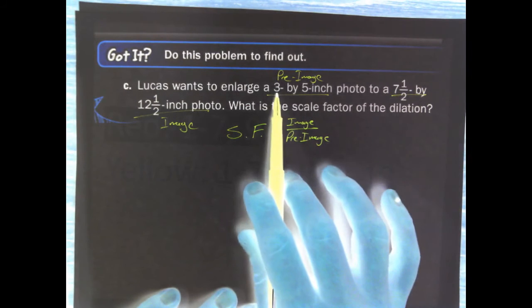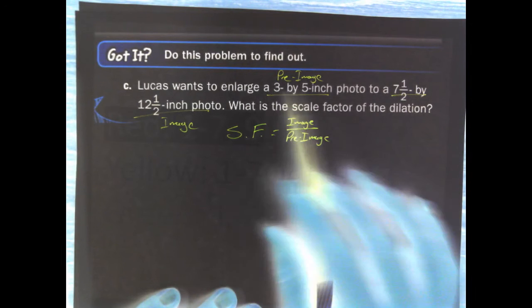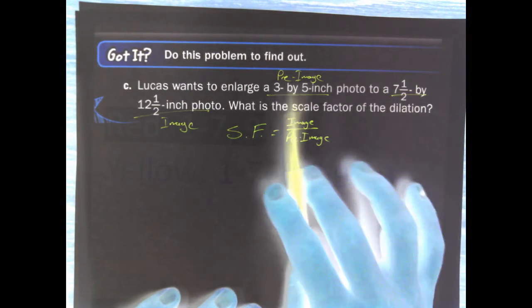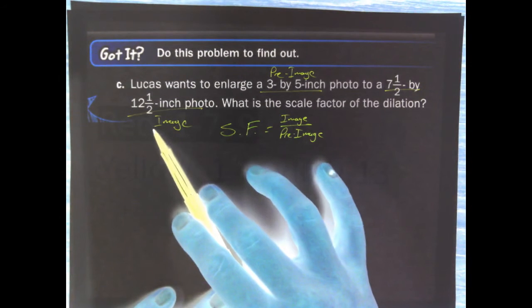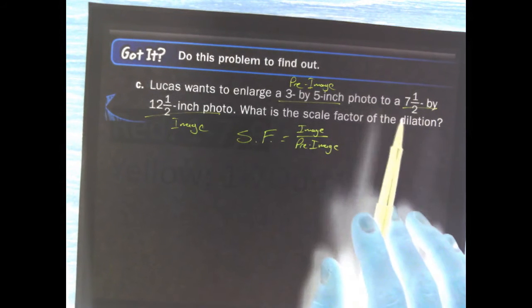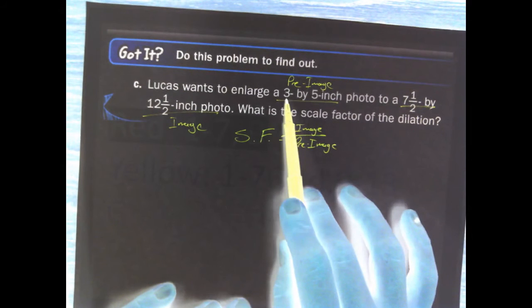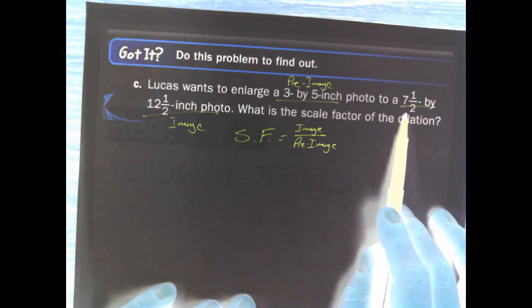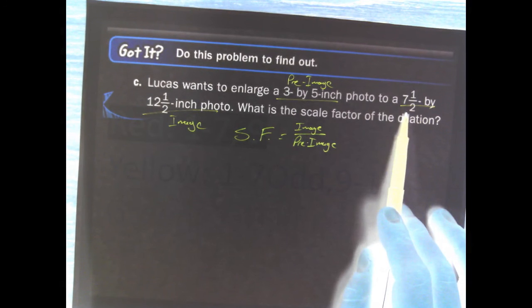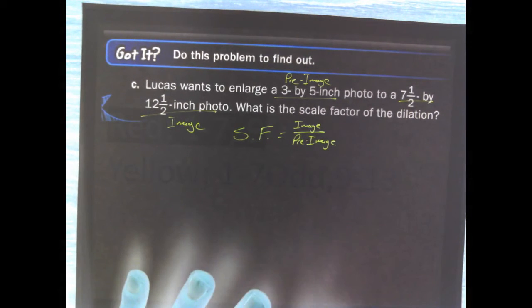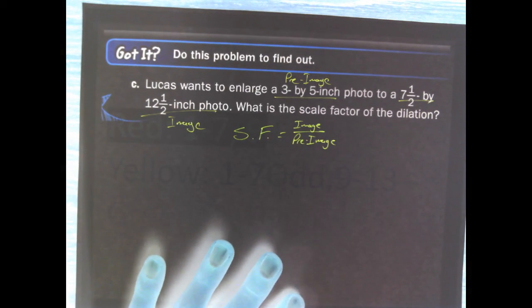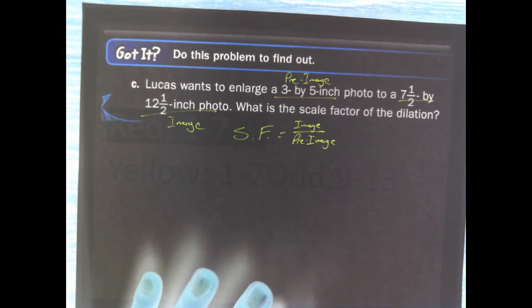If this is your first dimension, divide it with your first dimension. Don't take this one and that one. If this is the short one in the pre-image, this is the short one in the image. Make sure you are dividing those. Don't crisscross them.